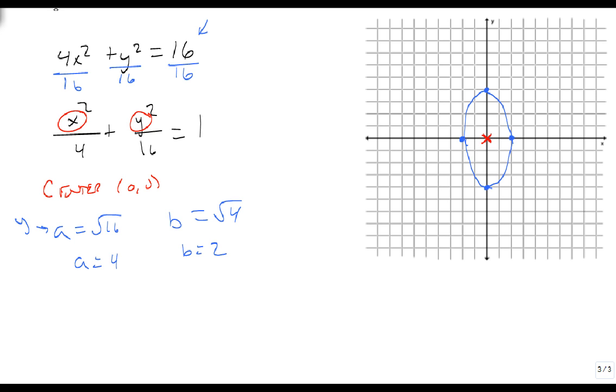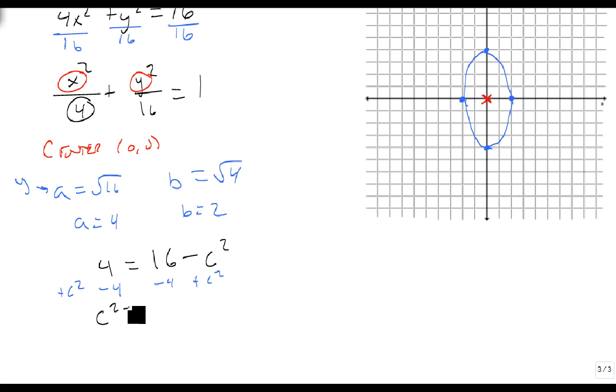And so what we do is we take the smaller square number, and that's equal to the larger square minus c squared. So here we're going to add c squared and subtract 4. And we get c squared equals 12.